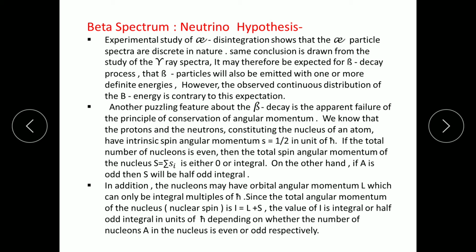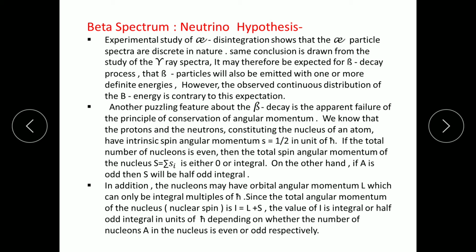If the total number of nucleons is even, then the total spin angular momentum of the nucleus, S equal to summation of S_i, is either 0 or integral, and if A is odd, then S will be half odd integral.